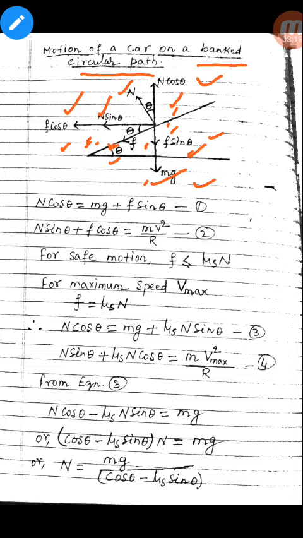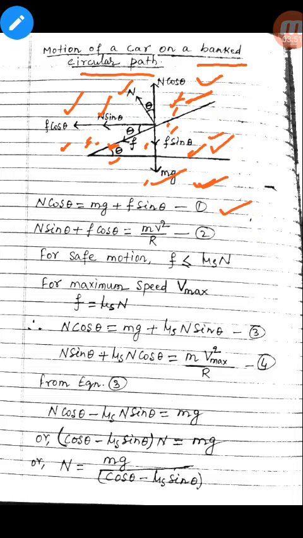So in the vertical direction there is no acceleration. Therefore, N cos theta will be the sum of F sin theta and mg. So N cos theta equals mg plus F sin theta. In the horizontal direction the force is N sin theta plus F cos theta.